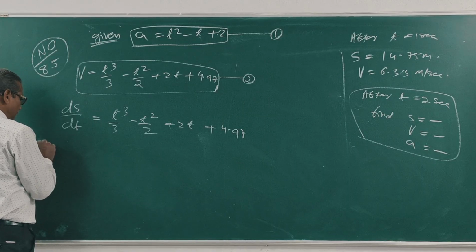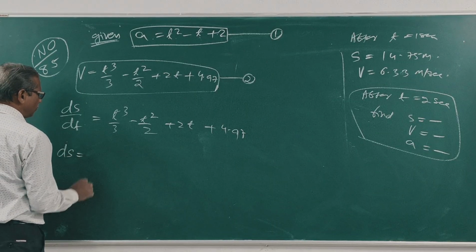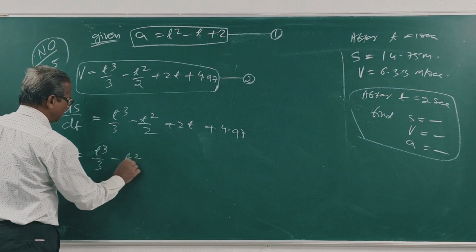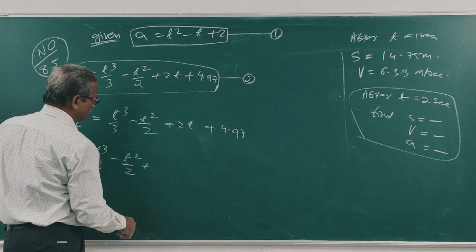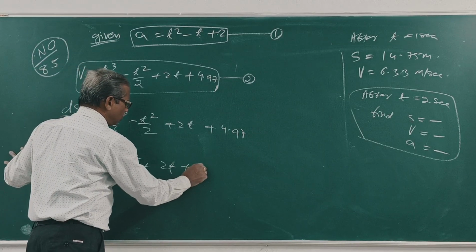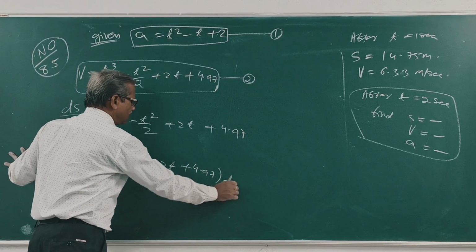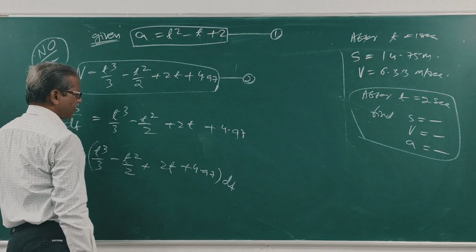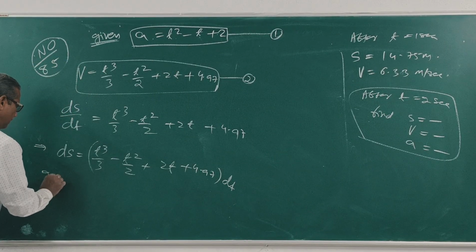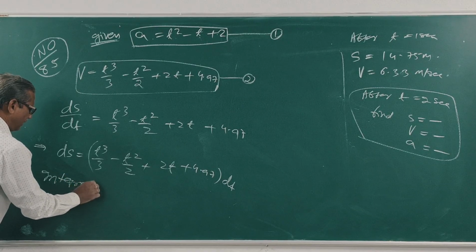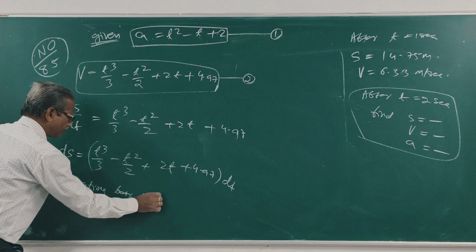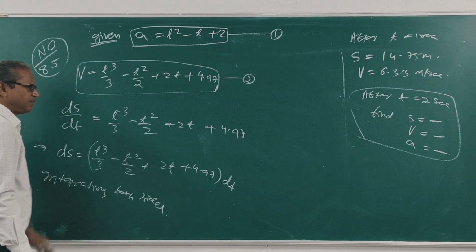This implies ds is equal to t q by 3 minus t square by 2 plus 2t plus 4.97 dt. Here, integrating both sides.